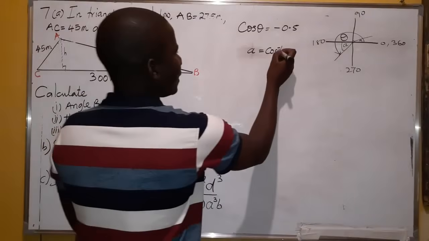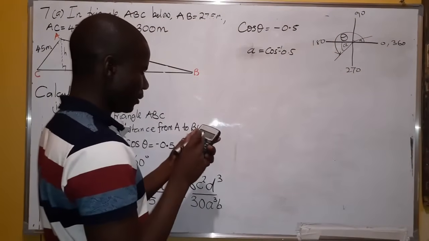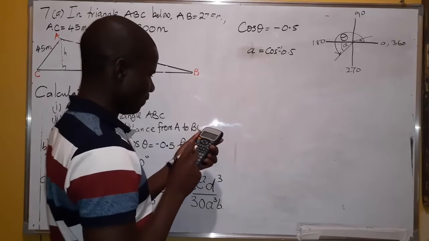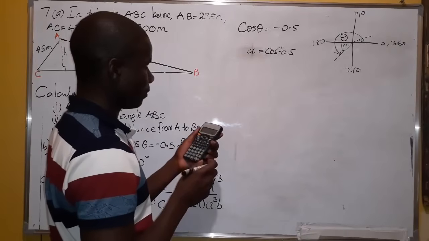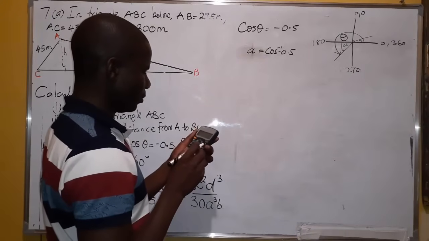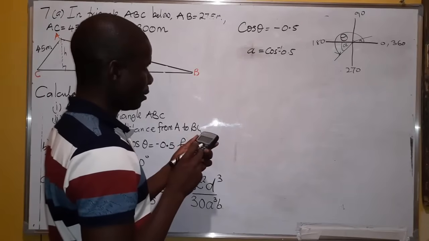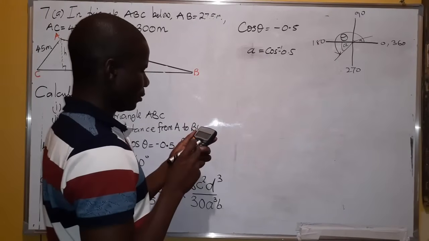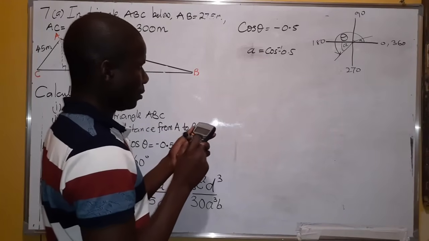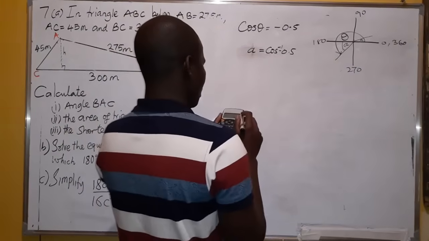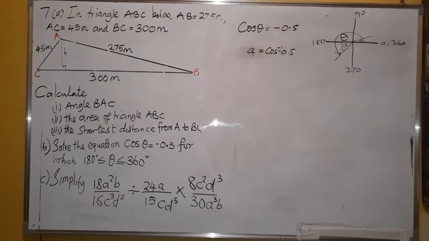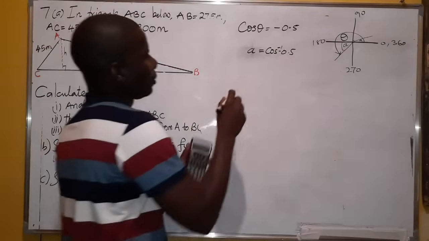Oh, this is a negative. Take note, take note, take note. So this is inverse cos of 0.5.